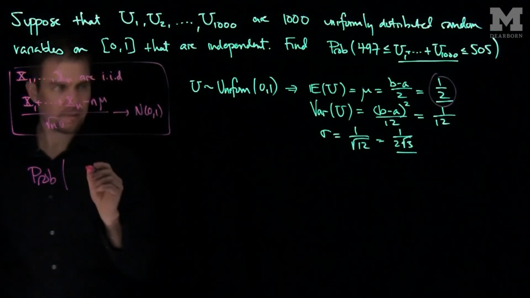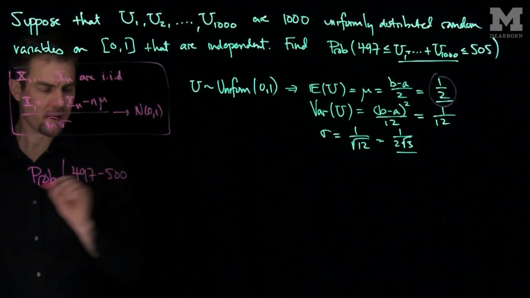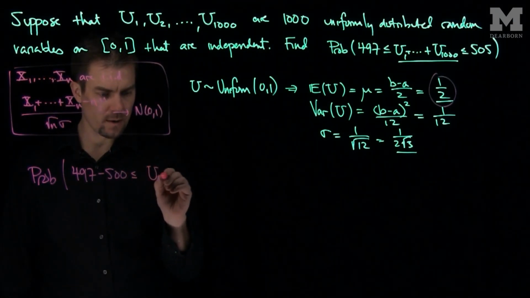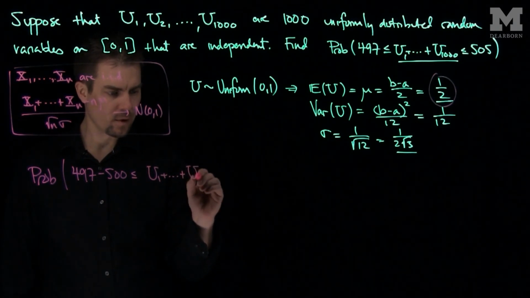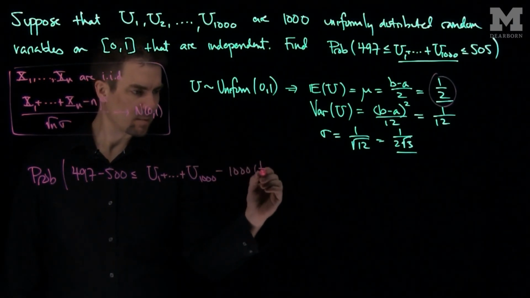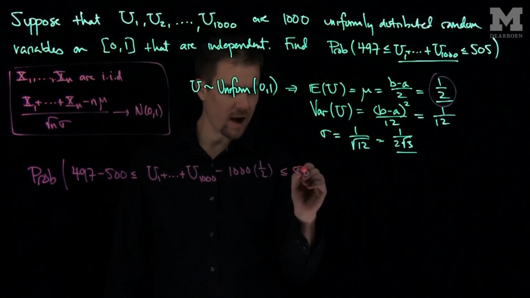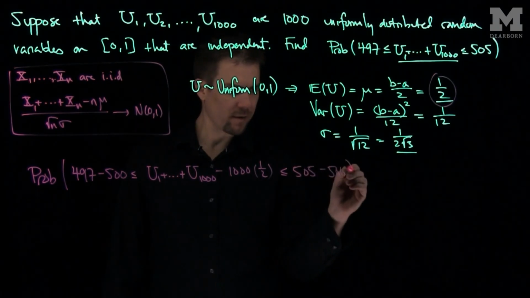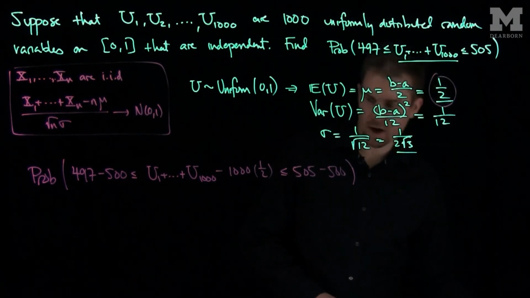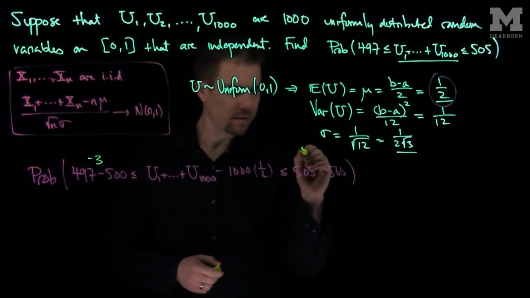So 497 minus 500 is less than or equal to U1 plus ... plus U1000 minus 1,000 times 1/2, less than or equal to 505 minus 500. So I've not changed the probability at all. And then the next thing we'll do is divide by the standard deviation. So over here this is a -3, over here this is a 5.